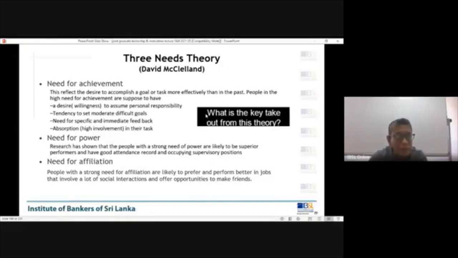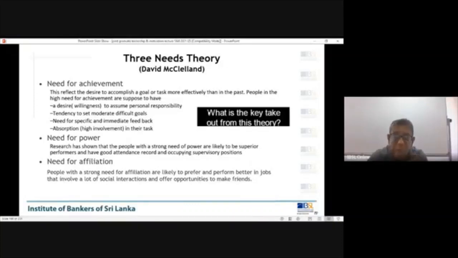Now, an organization is full of employees. We have noted some people need affiliation. Then you need to select these people for the positions or jobs where they can satisfy their affiliation need, that means creating relationships and networks. Public relations officers or maybe marketing officers, right?